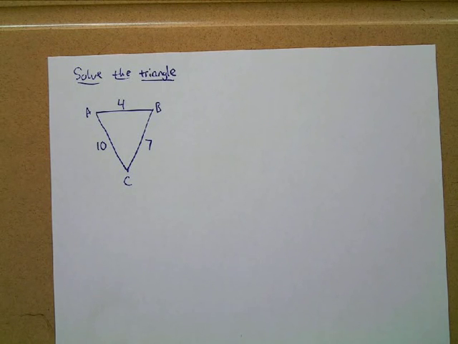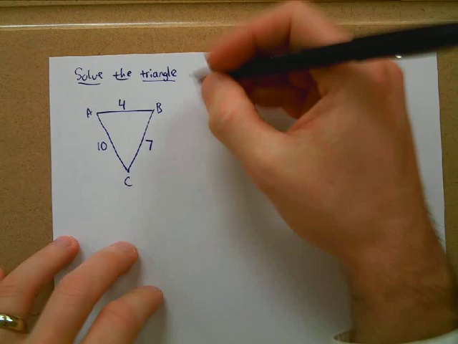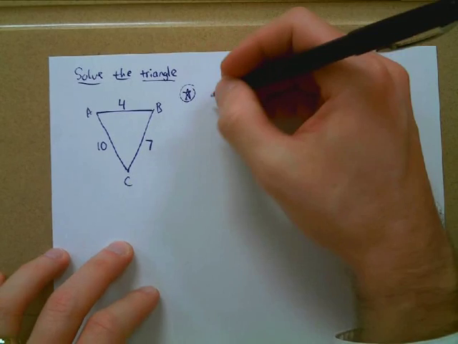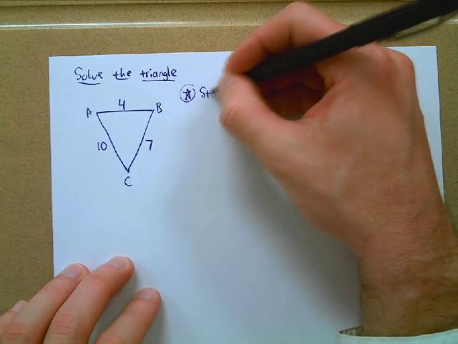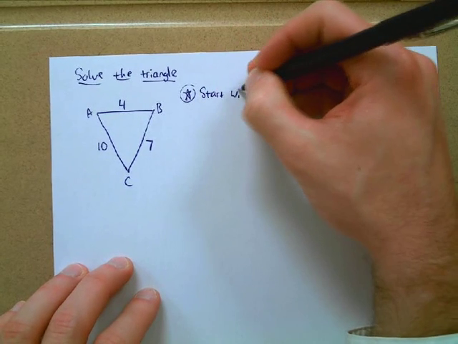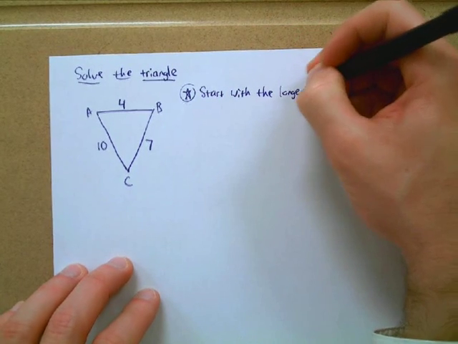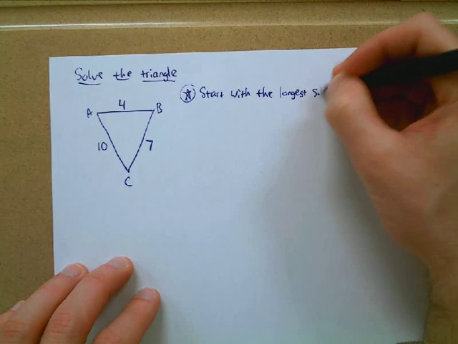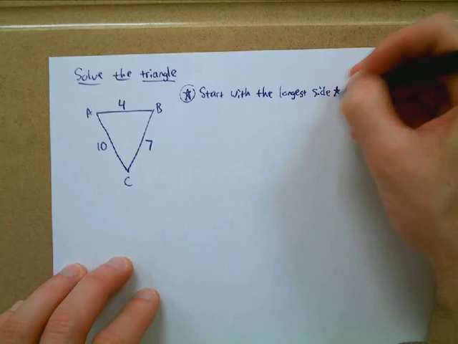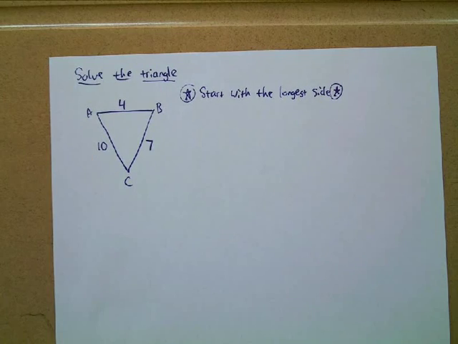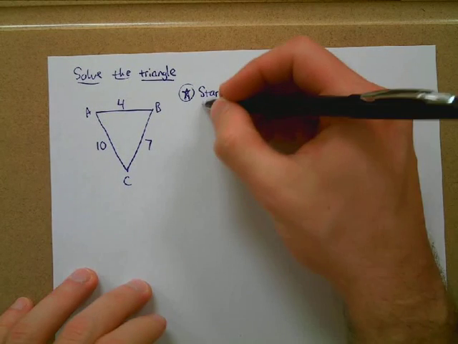But we do want to be careful of one thing, and this is crucial here. We want to start with the longest side. Okay? Or in other words, find the biggest angle first.